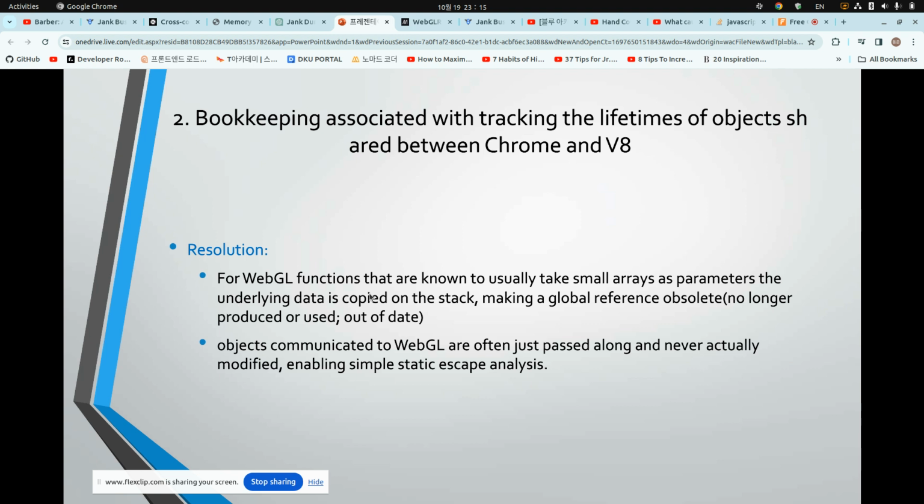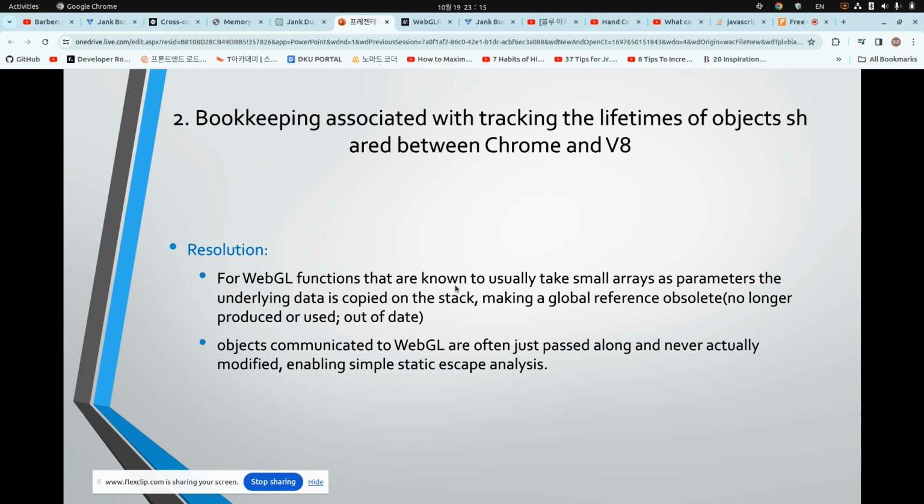Because if the garbage collector is the one trying to track the references and the tracking is really long, that could increase the garbage collection time. So they copy onto the stack, because there's no garbage collection in the stack.